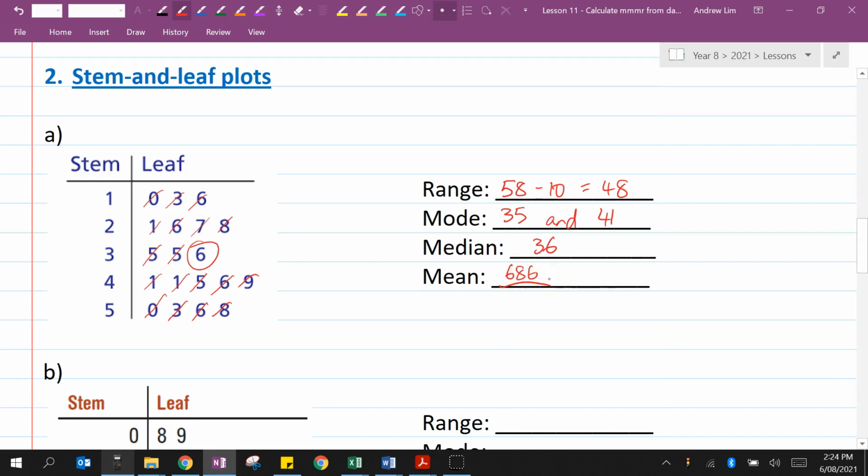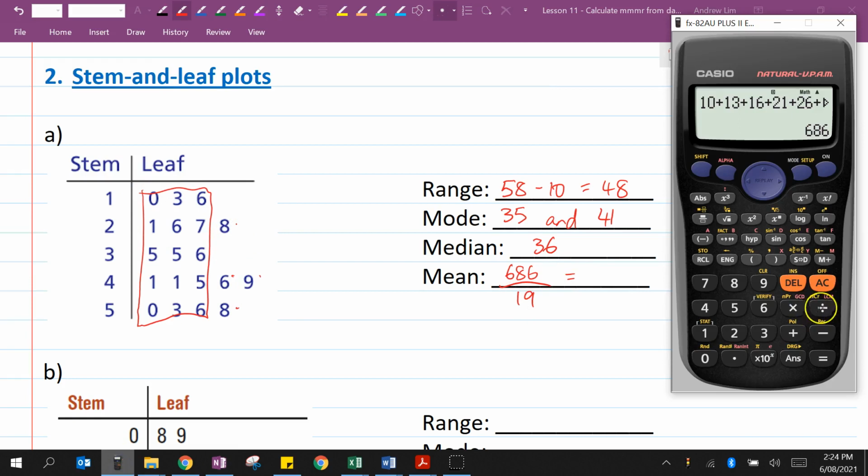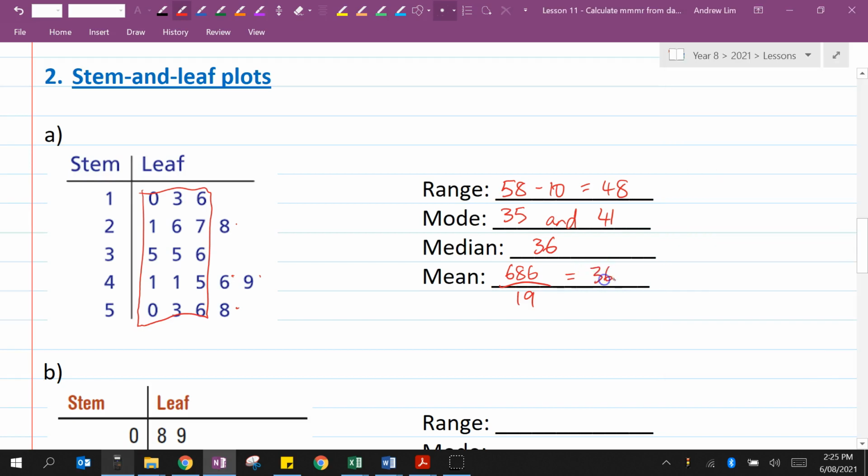divided by how many numbers were there? Well, that's 5 times 3, that's 15, 16, 17, 18, 19. So if I divide 686 by 19, the mean is 36.1. That's to 1 decimal place.